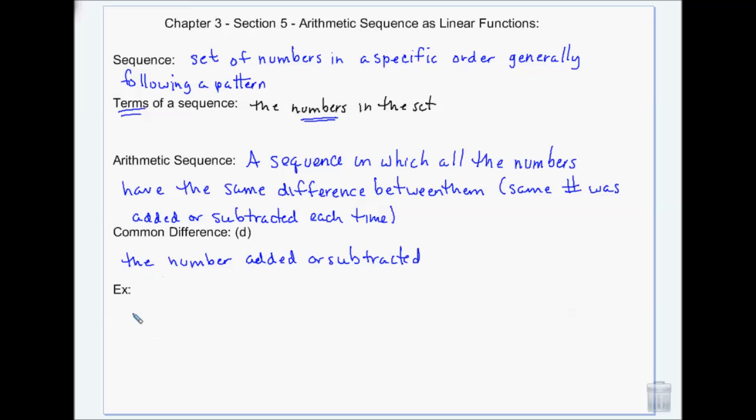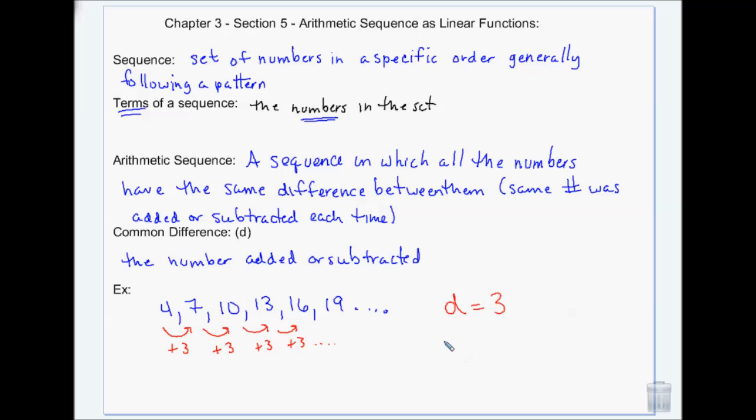So an example of an arithmetic sequence would be maybe this, and then it'll keep going. And what I'm doing each time is I'm adding 3, forever and ever. So that would be my common difference, which is D, would be 3.